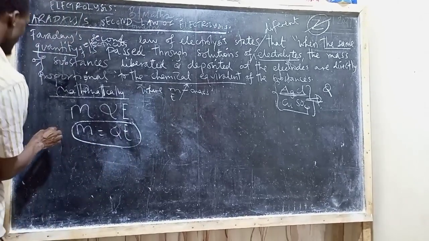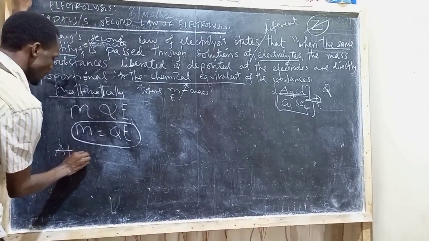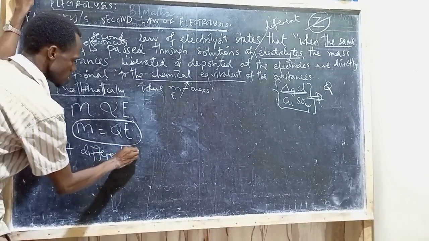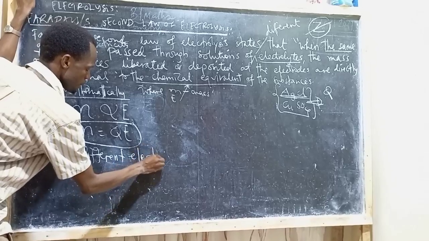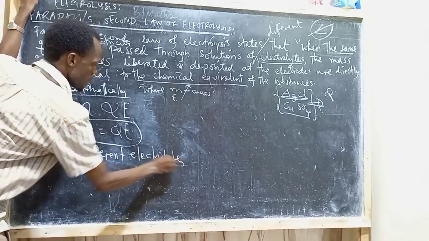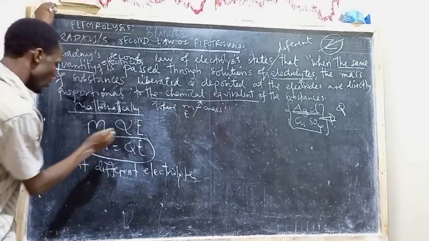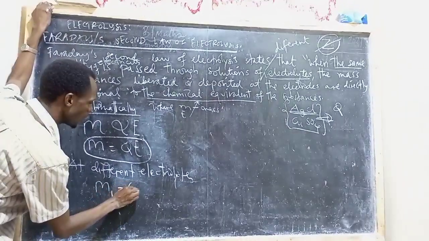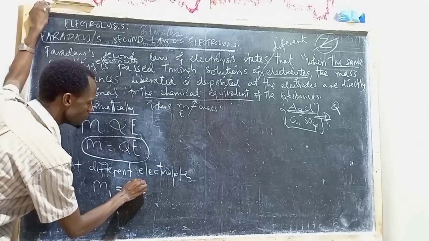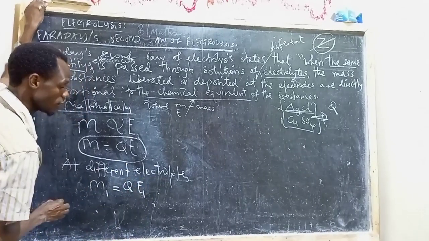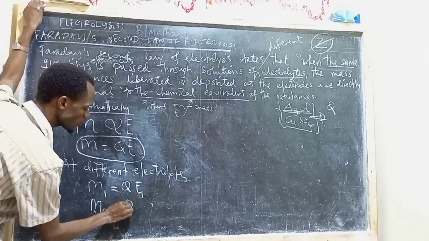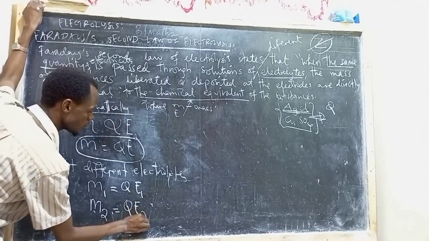But for different electrolytes, for the first electrolyte, mass 1 is equal to quantity of electricity times E1. And the mass 2 is equal to quantity of electricity times E2.